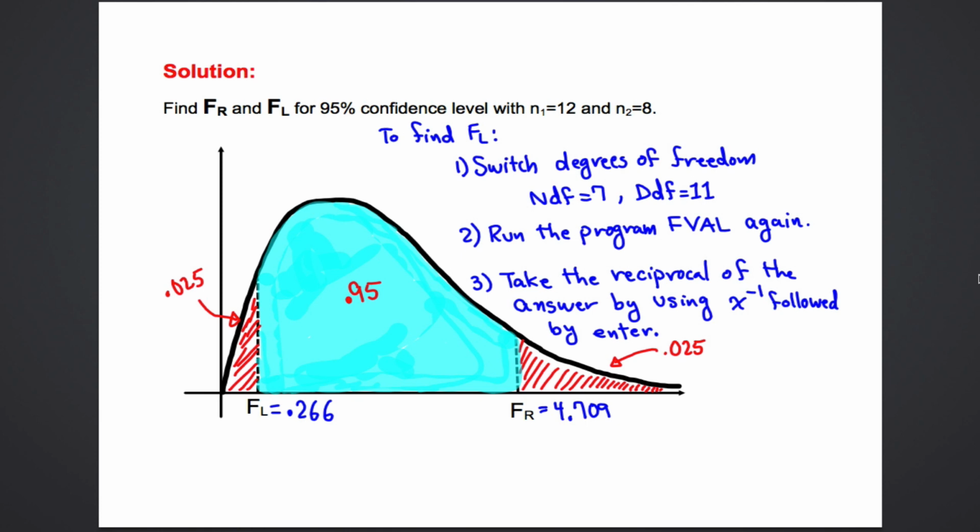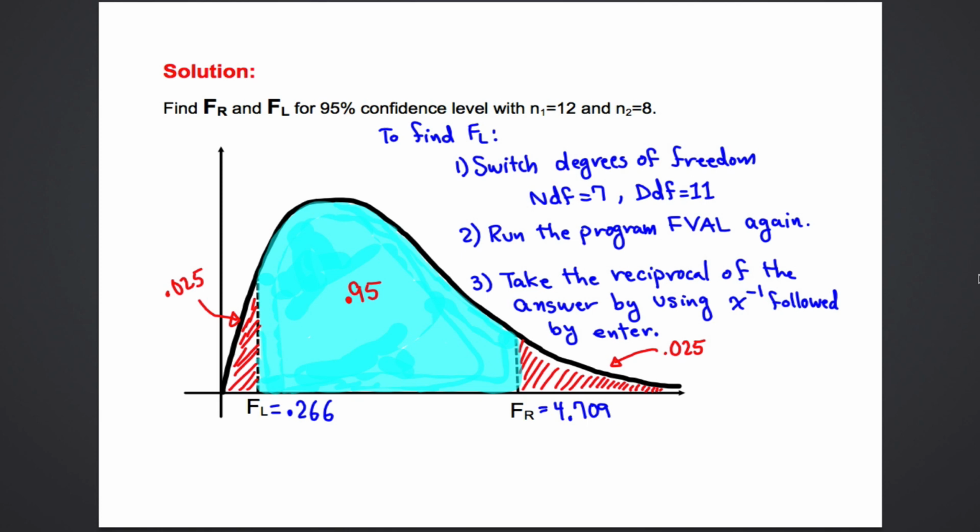Once the answer appears, we press enter, and the answer should be 0.266. The left critical value in the F distribution is always going to be less than 1.